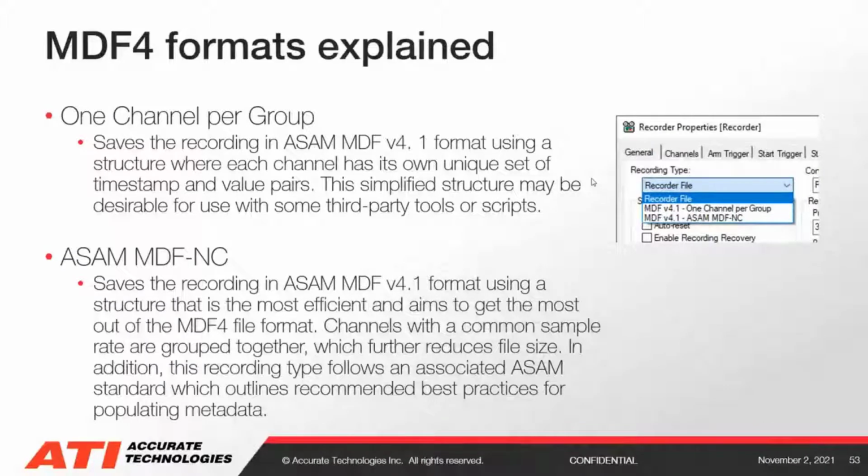That's right. It is items with common sample rates are grouped together, whereas with 1 channel per group, each channel has its own group. So the file size will likely be a little bit larger, but some third-party tools might require that type of format. So we do leave it in there for you to choose.